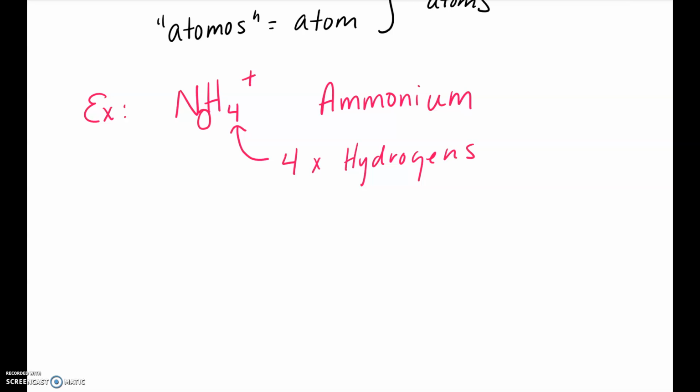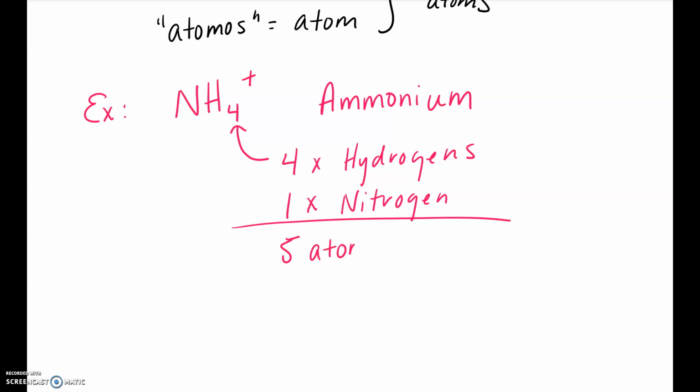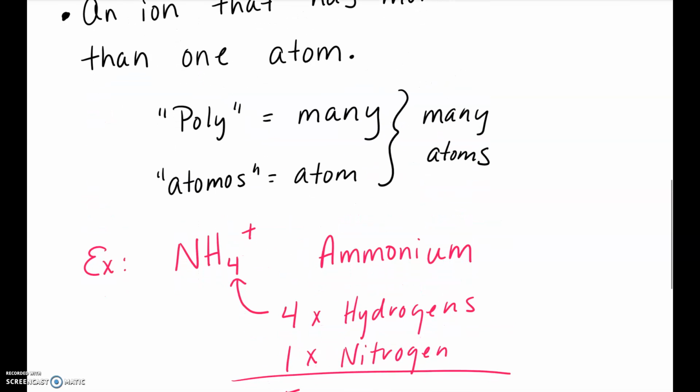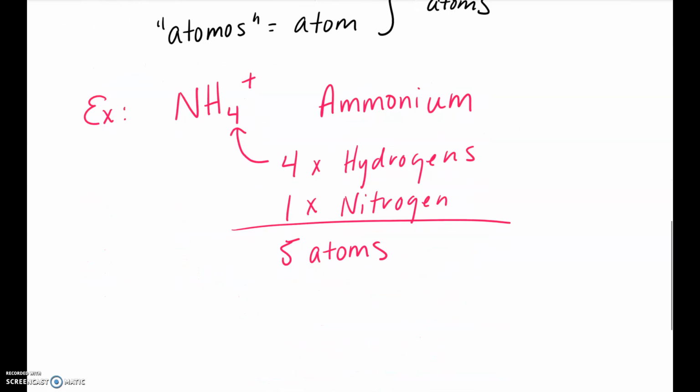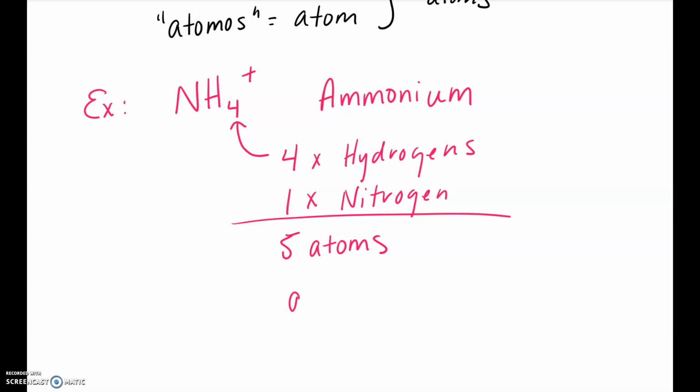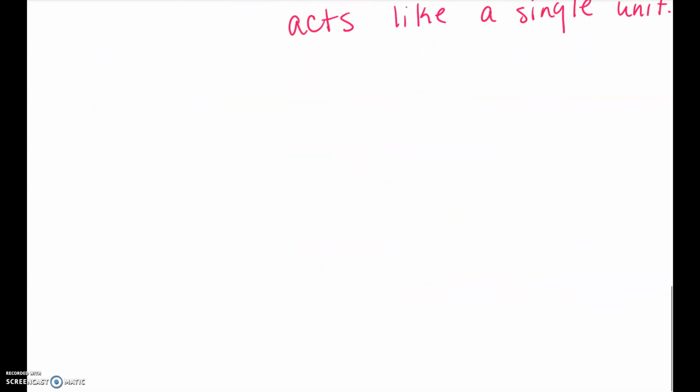And since there's no subscript next to the nitrogen, I know that there's just 1 nitrogen. So when I add that together, this one single ion has 5 atoms in it. But polyatomic ions behave as a single unit, or a single atom almost.